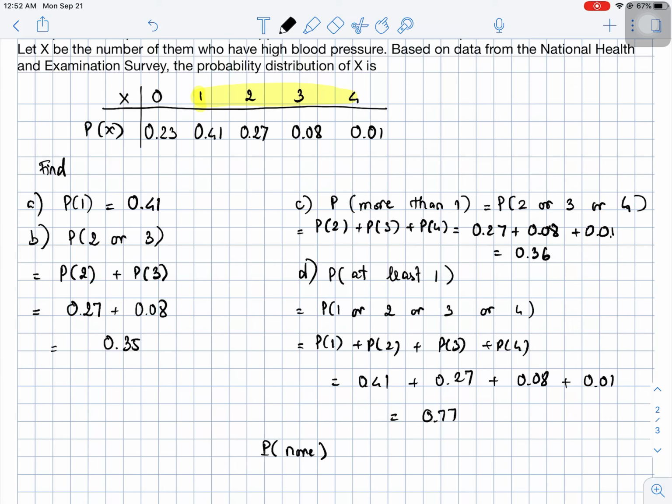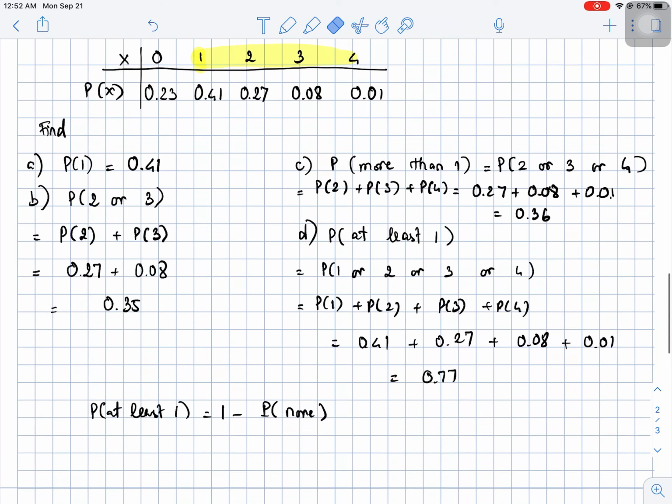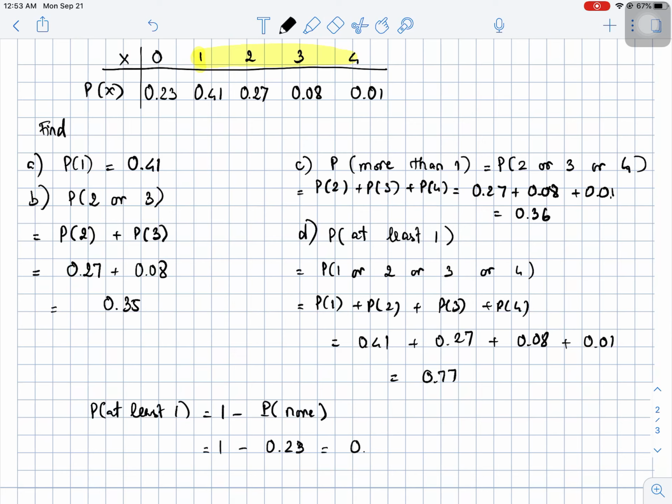So the probability of none is the complement of the probability of at least 1. So to find the probability of at least 1, we will do 1 subtract the complement. So we do 1 minus 0.23 and we will get 0.77. So we have a different way. In part D, we have 2 ways to do it.